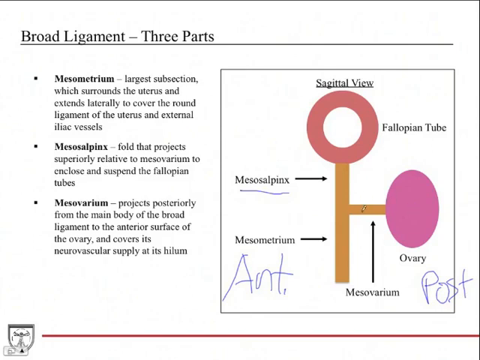This is a component as well of the broad ligament that extends out and covers the anterior surface of the ovary. It also helps cover the neurovascular supply at the hilum of the ovary as well. So all 3 of these are just subsections of the one broad ligament.